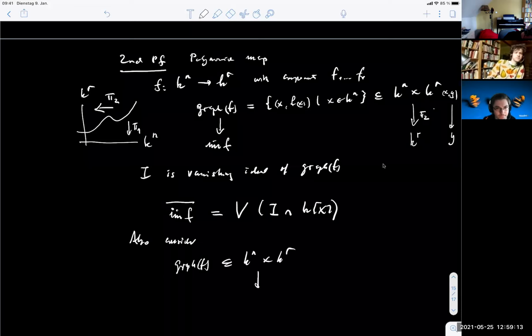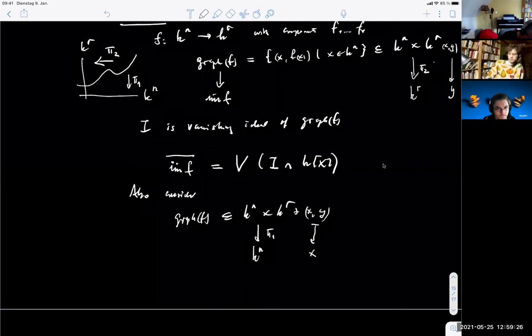Now I project to K^n. This is pi 1, so (x, y) is mapped to x. But now what is the image? The image of the graph of phi under pi 1 is all of K^n.